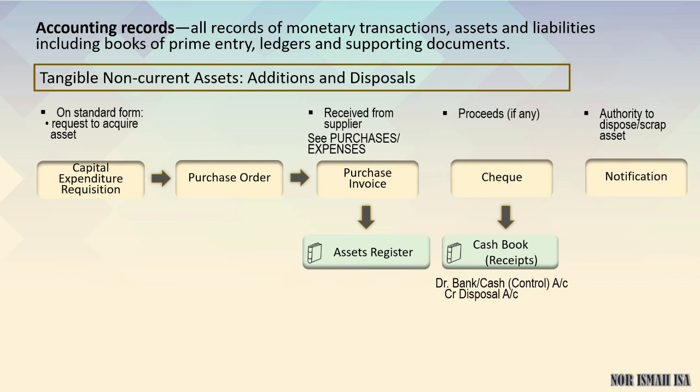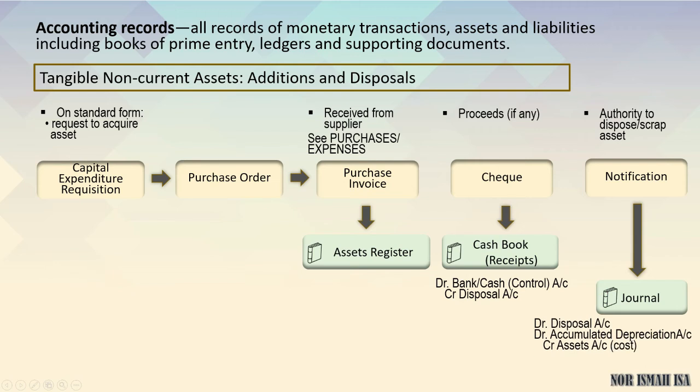Okay, at the end of the month, the financial department will receive notification of the disposal of the non-current asset, and they will do an adjustment through the journal by debiting the disposal account and debiting the accumulated depreciation account and crediting the asset, and this will be posted to the nominal ledger.